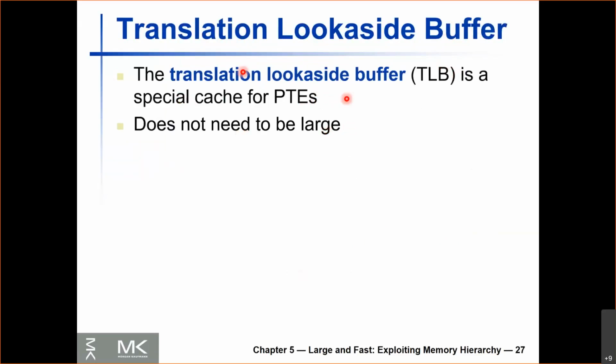Why doesn't it need to be large? Why is having a small TLB, the acronym for translation Lookaside buffer, enough? Why does the TLB not have to be large?